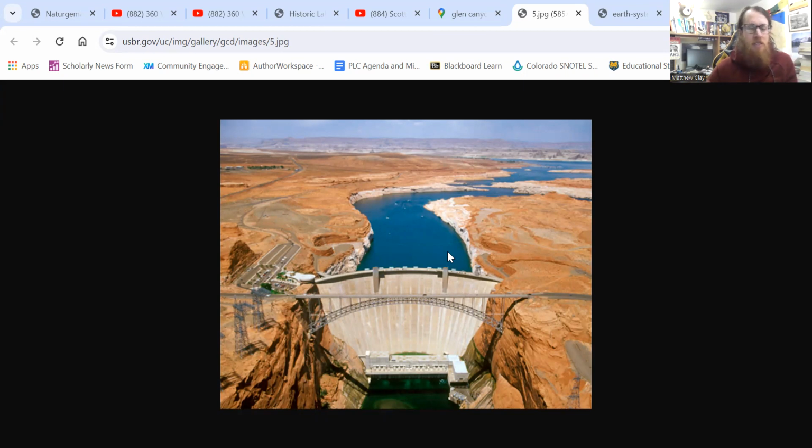But the one, and this is actually what I was listening to in the interview that I thought was really interesting, is it actually has caused a lot of buildup of silt, because fast-moving water carries a lot of sediment, and slow-moving water, which this is now, doesn't. And so there's been a lot of buildup of silt in places.